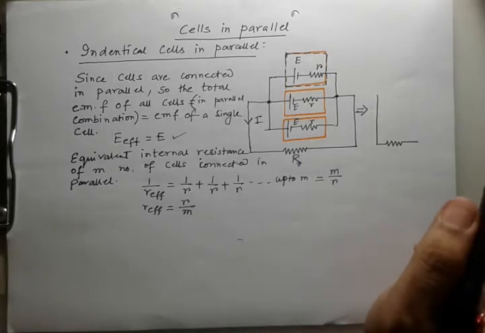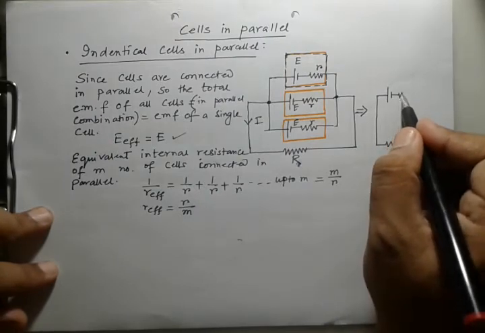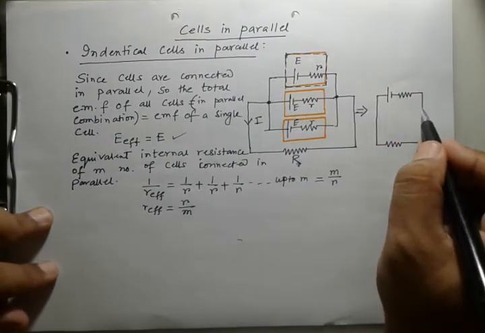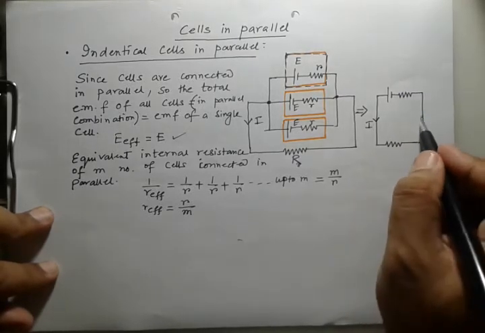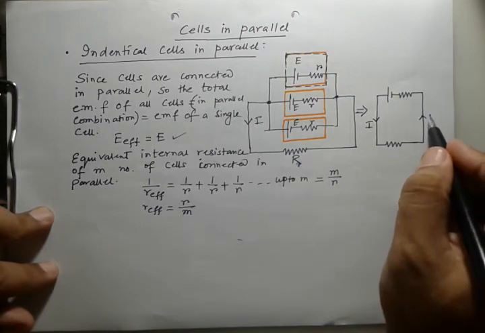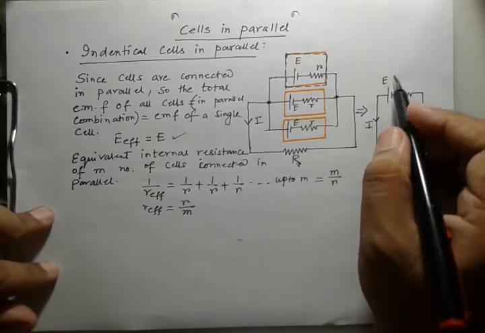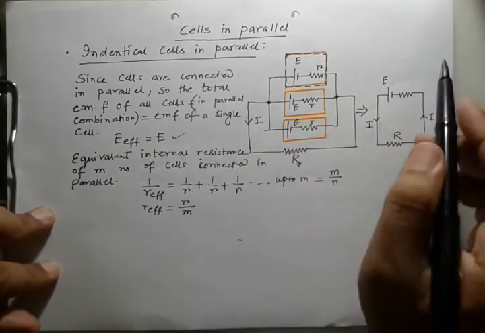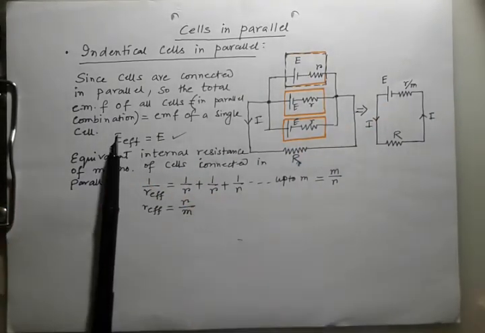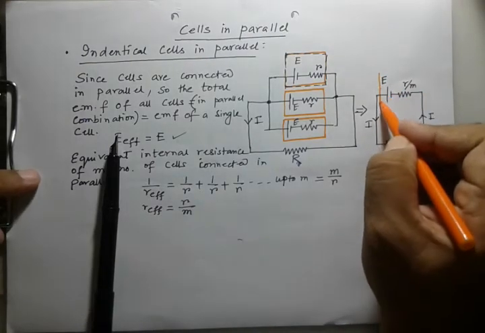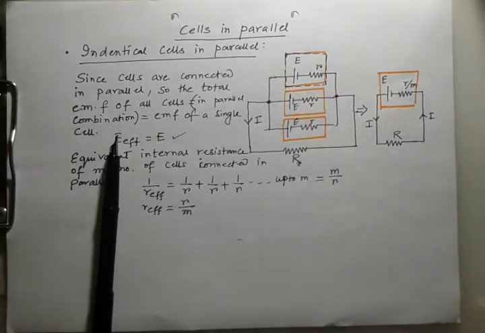You can see now, the current is going in this direction. E effective will also be equal to E, and the internal resistance is r by m. So this is the equivalent EMF, instead of these three cells.